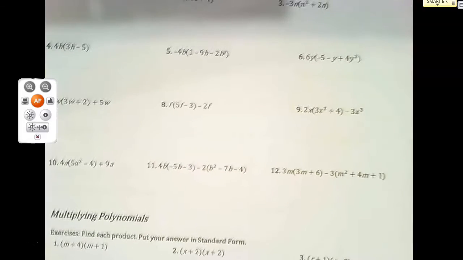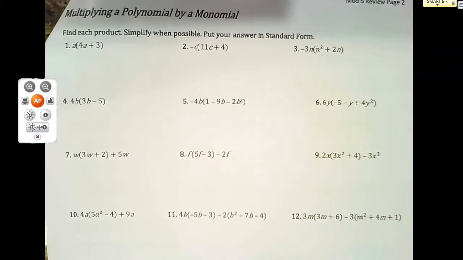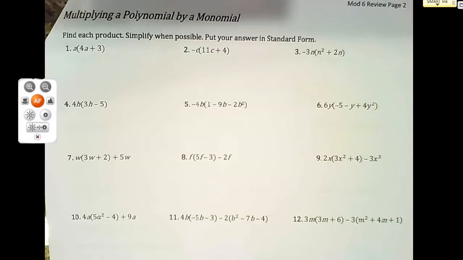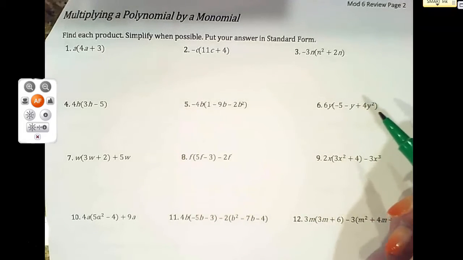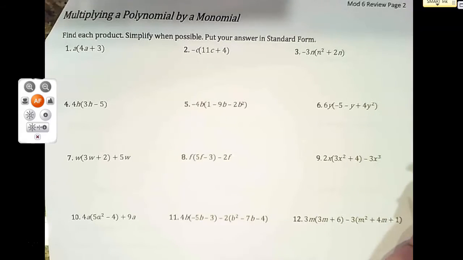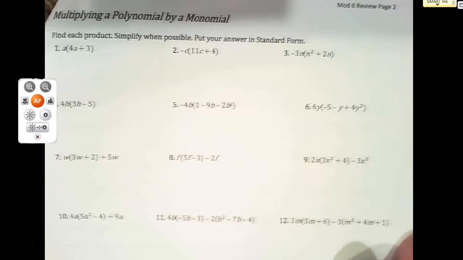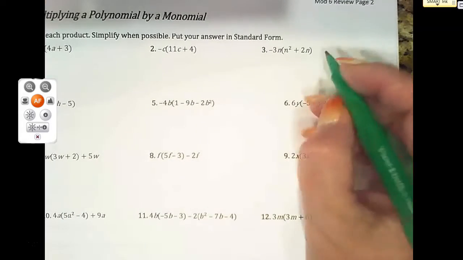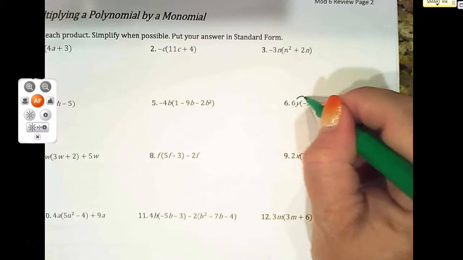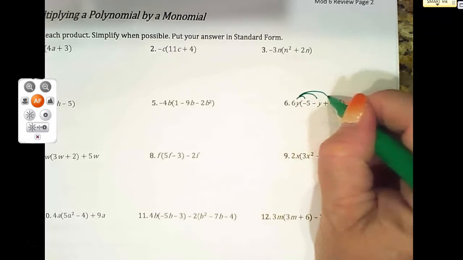Next page. When we multiply a polynomial by a monomial, these are really big distributive property problems. So I'm going to start with a simple one, and let's do number 6. I say that's a simple one because once I distribute, there might be some like terms.